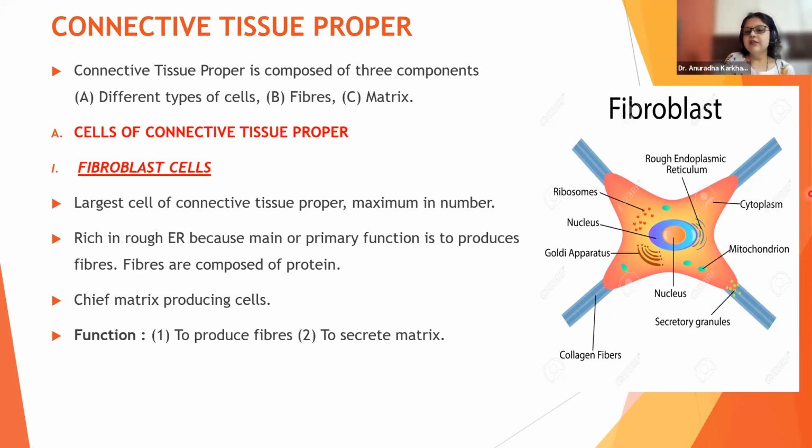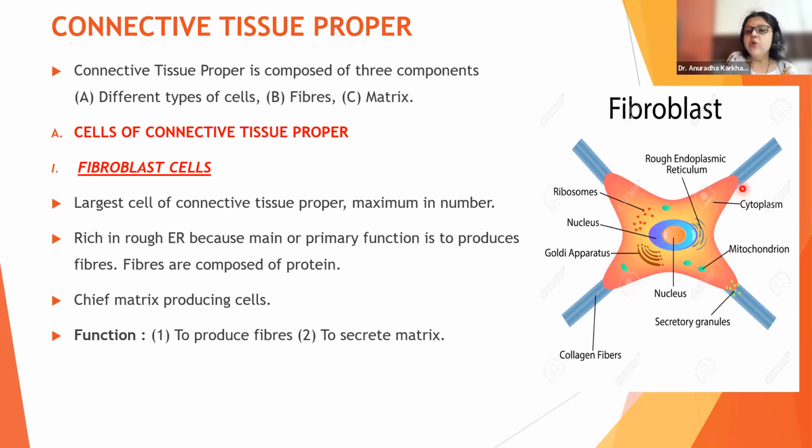Okay, here you can see in this particular cell, like the fibroblast cell, you can see presence of ribosomes, nucleus, Golgi bodies, mitochondria, rough endoplasmic reticulum, and secretory granules. All these are going to form something called fibers. So these are the fibers which are coming out of this particular cell.